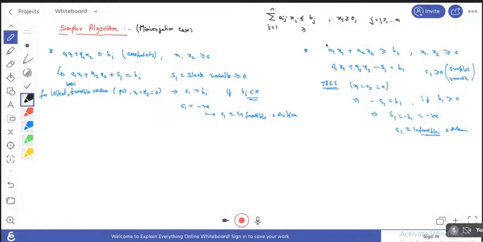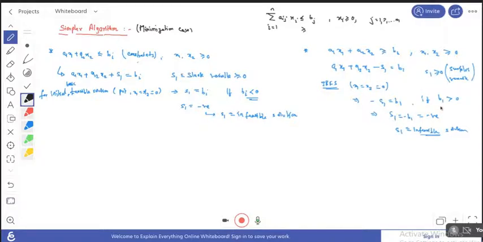On the other hand, for a greater-than-or-equal-to inequality, if bj is negative, then no problem. Your surplus variable has a positive value, so this is feasible.